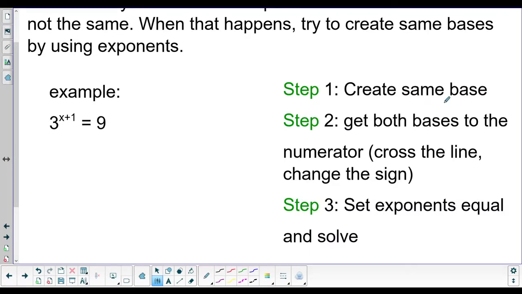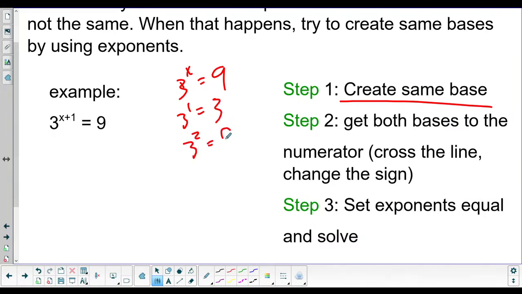So let's talk about how we create the same base. We can turn 9 into 3 to a power. So 3 to what power is 9? Well, 3 to the first power is 3. 3 squared is 3 times 3, which is 9.